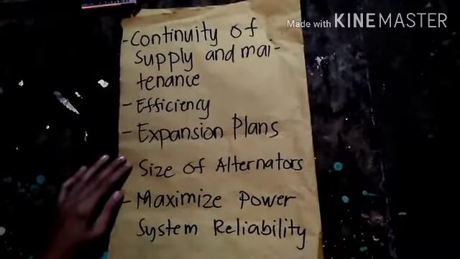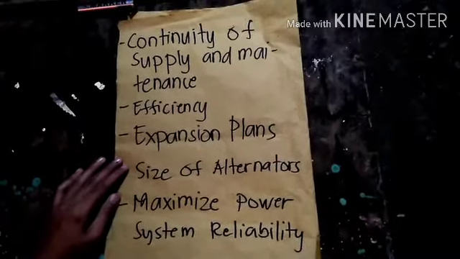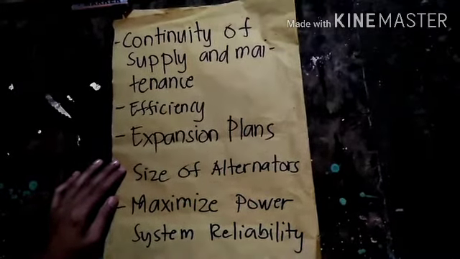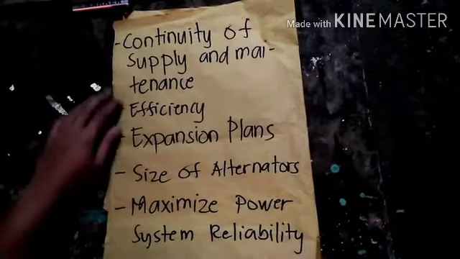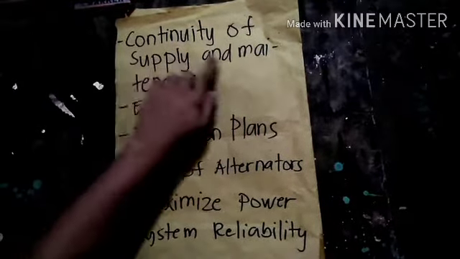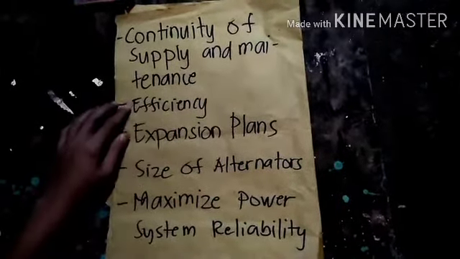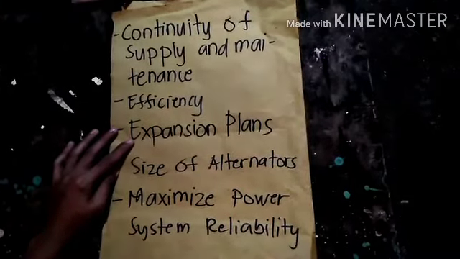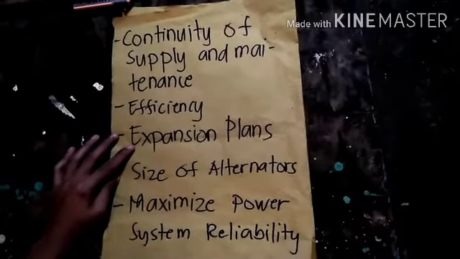Part 1, number 4. Enumerate the 5 reasons for operating generators in parallel. First is continuity of supply and maintenance. A parallel connection is more favorable for repair and periodical maintenance work.